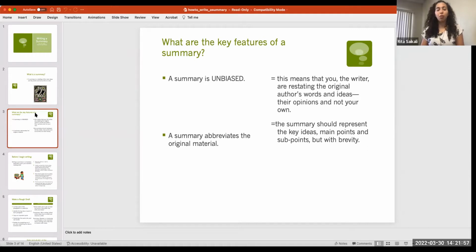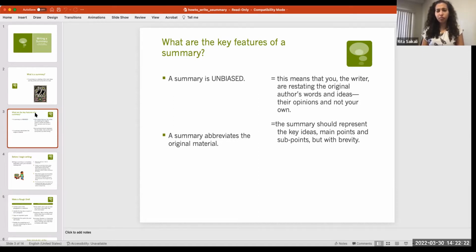So it's not about what you think of what was written. It is about what was actually written, whether you agree with it or not. That's what makes it biased or unbiased. Biased would mean that you are stating your opinion and what you think this is about, and unbiased means that you are not. Cool? Yeah?